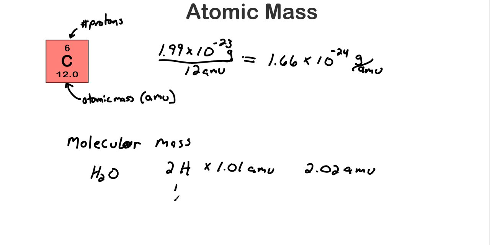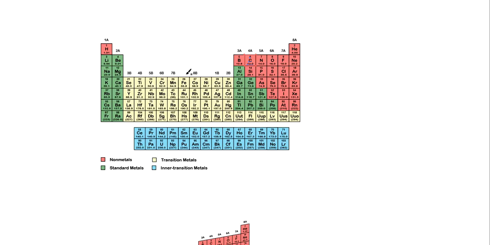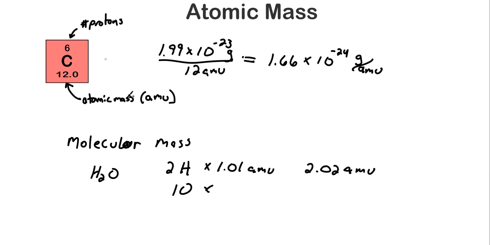We've got 1 oxygen. Oxygen has an atomic mass of 16. So 1 times 16, we've got 16 AMU of oxygen.